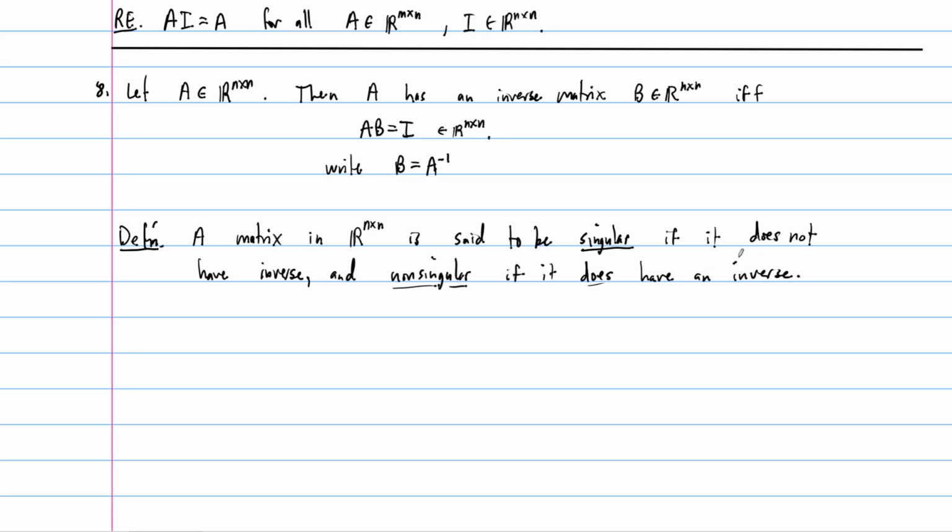So singular versus non-singular. All right, here's a theorem, and then we'll finish this lecture by working out some examples of how to compute the inverse of a matrix, at least for 2x2 matrices. So here's what the theorem says. If A and B both live in R^(n×n), and they are non-singular, then their product matrix, A times B, or B times A, either direction, but AB is also non-singular.